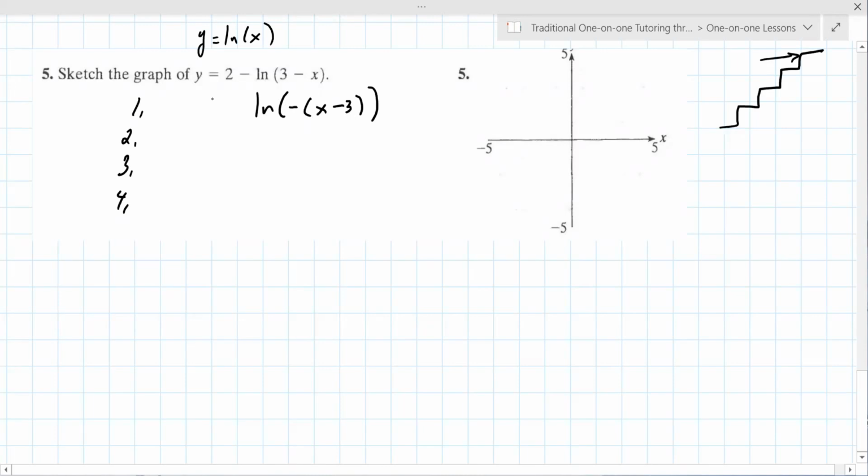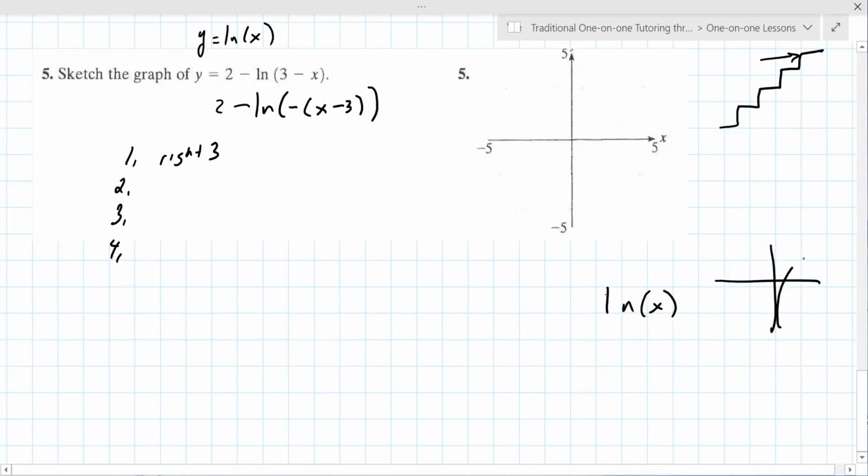If you do a little rewrite here, the first one is usually left or right. You could do the flip over the horizontal axis as your first one. It doesn't really matter, you're going to get to all of them, but basically what I'm trying to get you to see is first, there is a shift right 3. But this first negative on the inside, that's a flip over this axis. So you got to know what natural log of x looks like, which is this.